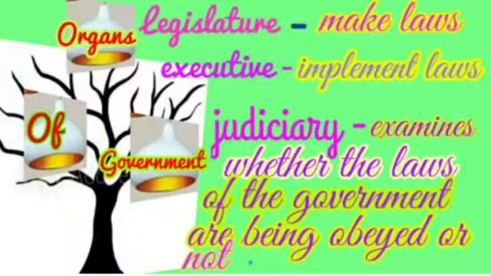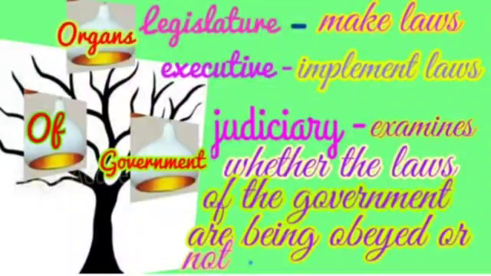Third organ of government is the judiciary. It has a very important role. Judiciary interprets laws and settles disputes. Children, interpret means to explain or understand the situation or the condition or to understand the problem.